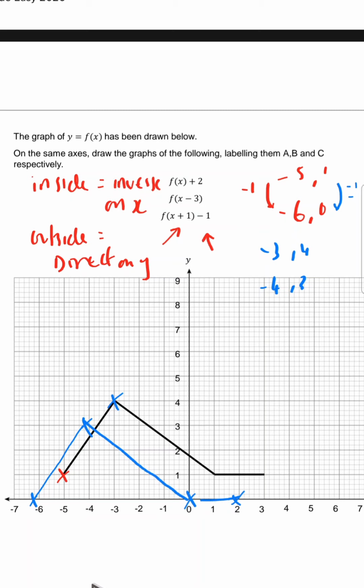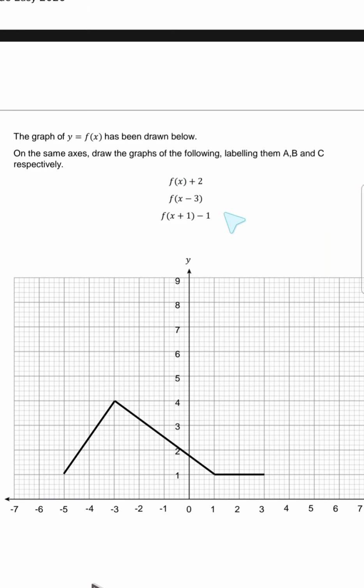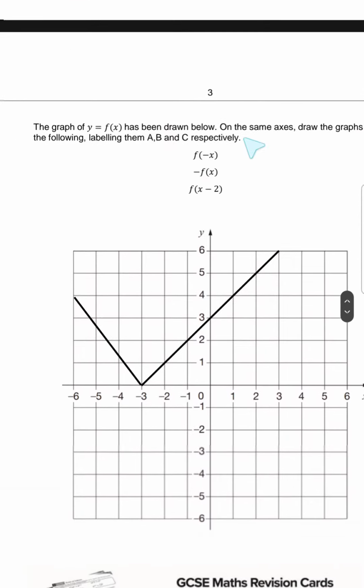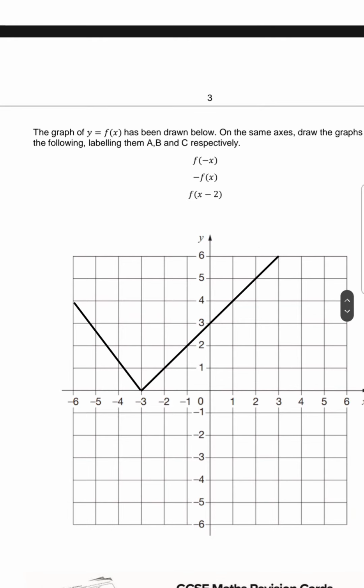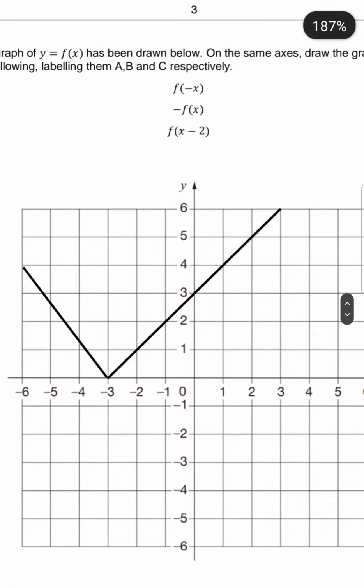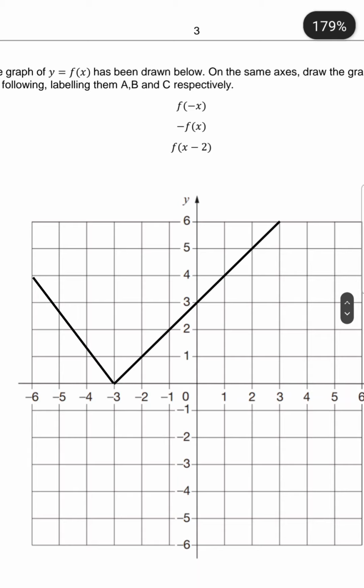And that's transformations. Okay, there is one exception, so I just want to show it to you quick. So let's scroll down. So you have one exception. So let's quickly do this one. So as you can see, this is minus x, so therefore it's on the inside and it does the inverse.